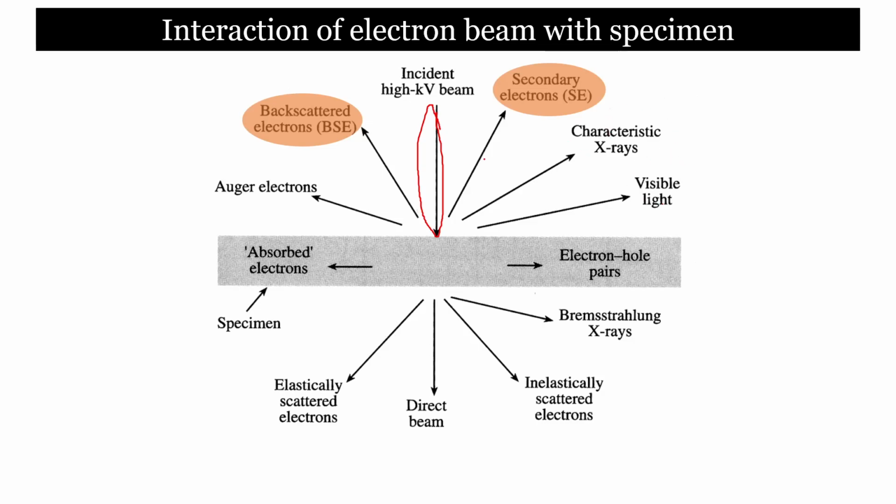The rays transmitted from the specimen include firstly the direct beam with the maximum intensity, and then the elastically scattered electrons, the inelastically scattered electrons, and the Bremsstrahlung.